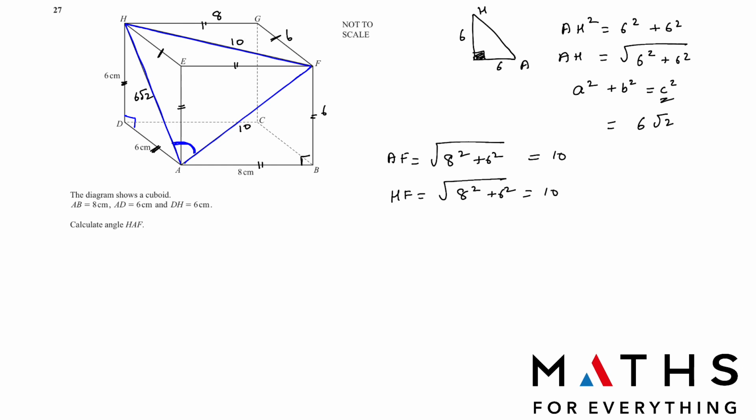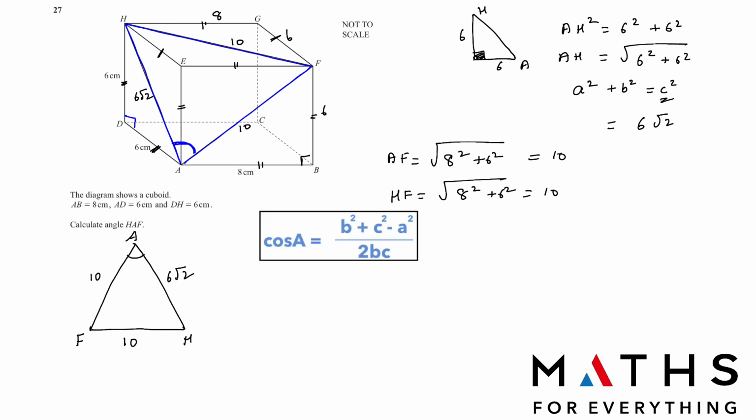Let's draw the triangle. We have to find the angle HAF. This is our triangle. We need to use the cos rule. To find the angle A, the side opposite it is our A. This is our A. B and C can be anything.